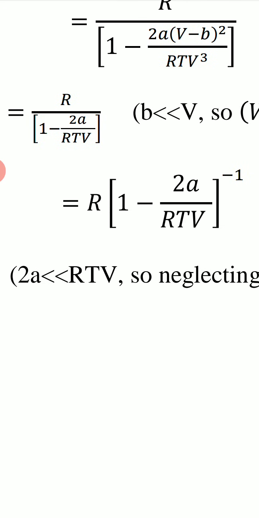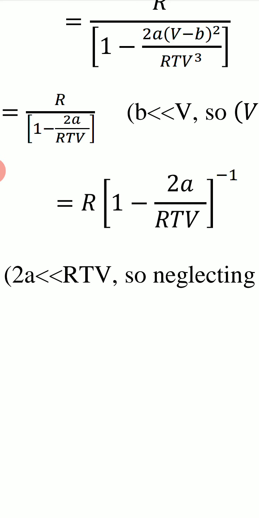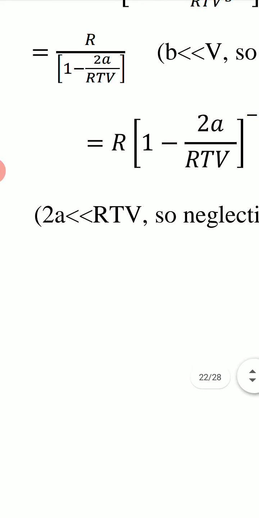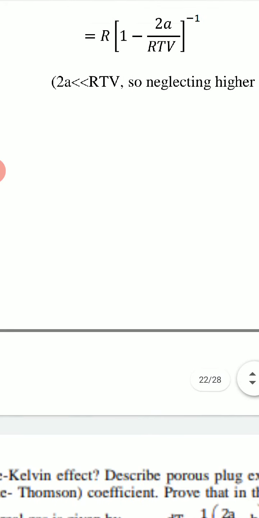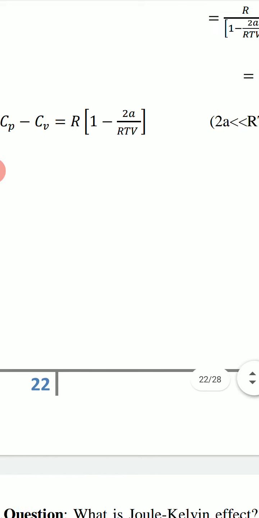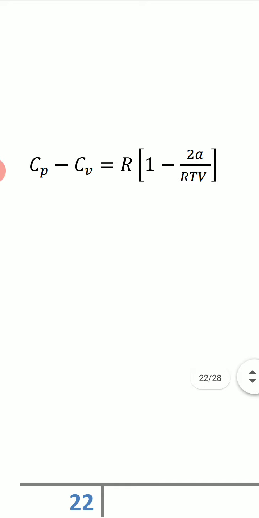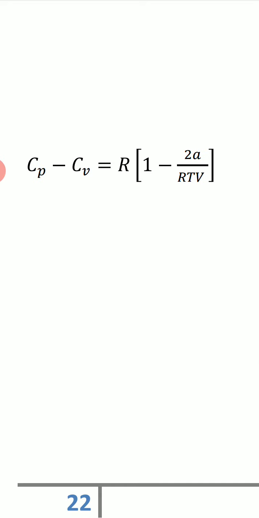So neglecting other higher order terms, we write only two terms, 1 minus x to the power n equal to 1 minus nx, and n is minus 1. So we have this equal to R into 1 minus 2a upon RTV. So for real gas, we have Cp minus Cv equal to R into 1 minus 2a upon RTV.